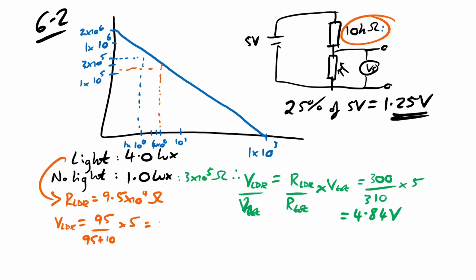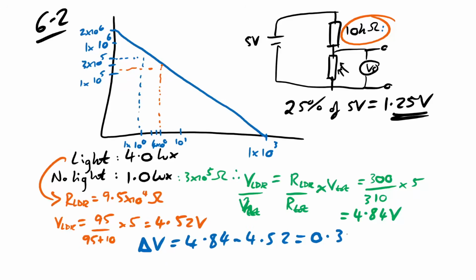And we end up with 4.52 volts. Difference in voltage is 4.84, take away 4.52, and that only gives us a change in voltage of 0.32 volts, which is much less than our 25% of 1.25 volts needed. So no, it does not work.